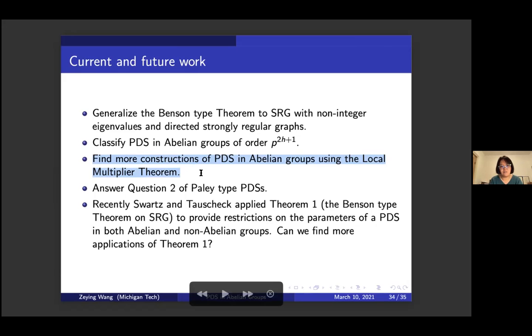Another question, a difficult one I will say, is to answer question 2 of the Paley type PDS. In abelian groups, suppose we do have a Paley type PDS of order v. Can you talk about the structure of the group? There is a lot of research going on there, but it still remains difficult to describe the structure of groups that allow Paley type PDS.